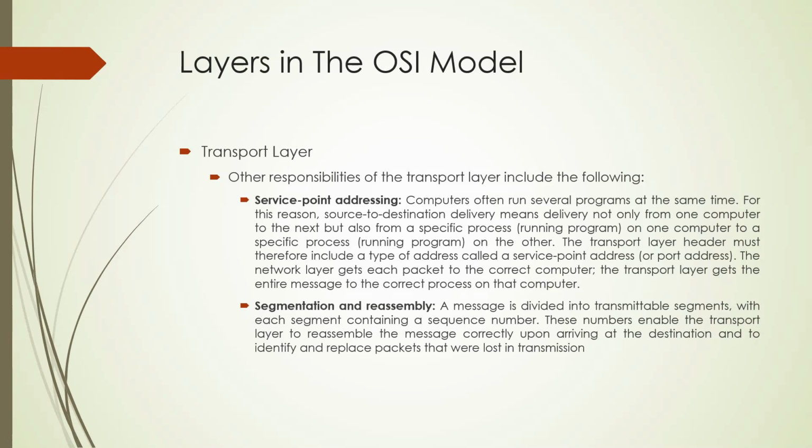Suppose one process out of 100 processes in my computer wants to communicate. Say the FTP process, the file transfer process, of my computer is trying to communicate with the FTP process of the receiver computer. Obviously my FTP process will have a port number.